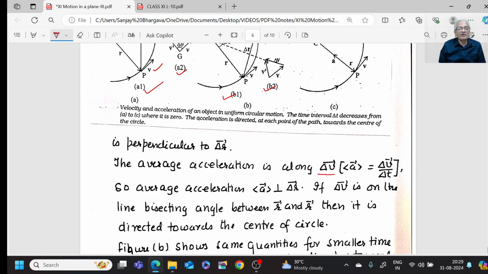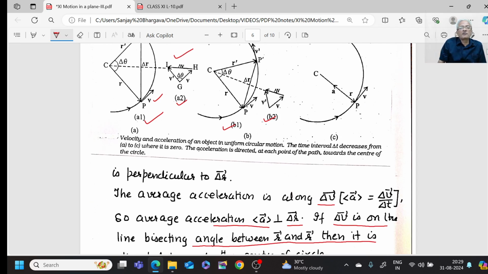So delta v is perpendicular to delta r, on the line bisecting the angle between r and r dash, and it is directed toward the center of the circle. So what we have shown here in this figure, the direction of delta v is the direction of the average acceleration. Correct?